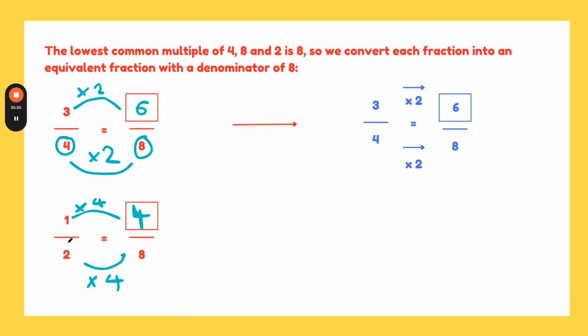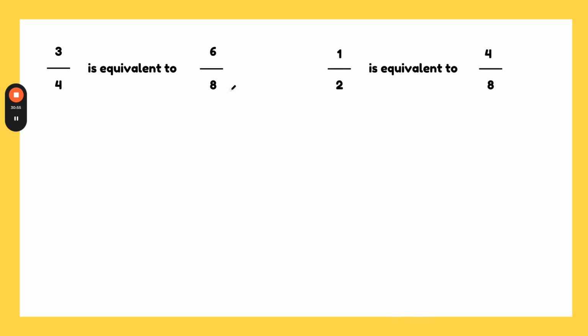So 1/2 is equivalent to 4/8. Again, I've just done it on the slides just to make things clearer. So from the last slide, we discovered that 3/4 is equivalent to 6/8, and 1/2 is equivalent to 4/8.